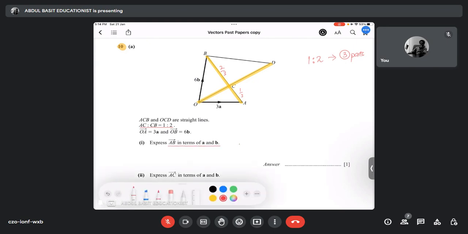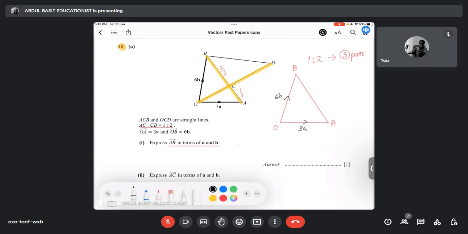Okay, that's fine. So for AB, let me draw an extra portion here. That is A, that is B, that portion is O, and that line is something like that. In the examination, this is 3A and in that direction it is 6B.